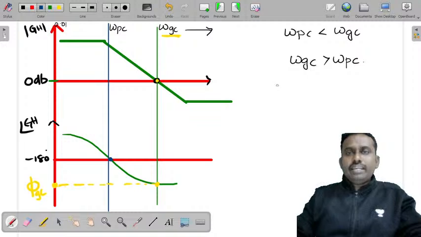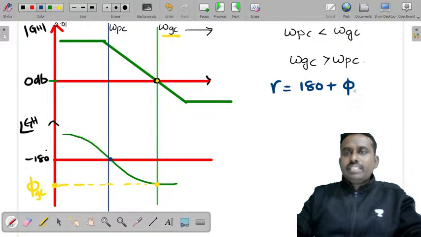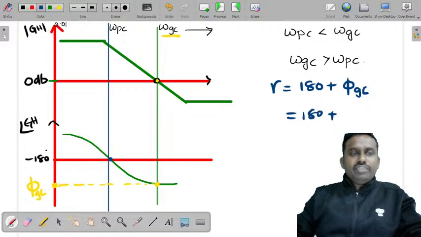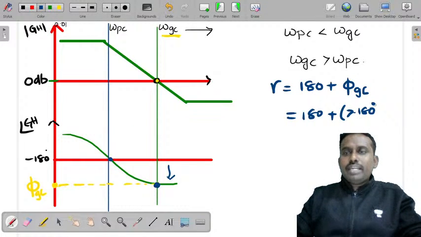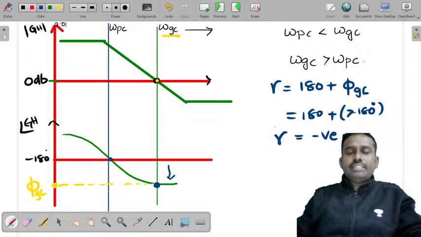So what can you write here? Phase margin gamma is equal to 180 plus phase angle at gain crossover frequency. If you observe, this point is above the minus 180 line, so 180 plus this angle, which is greater than minus 180, gives a negative phase margin.